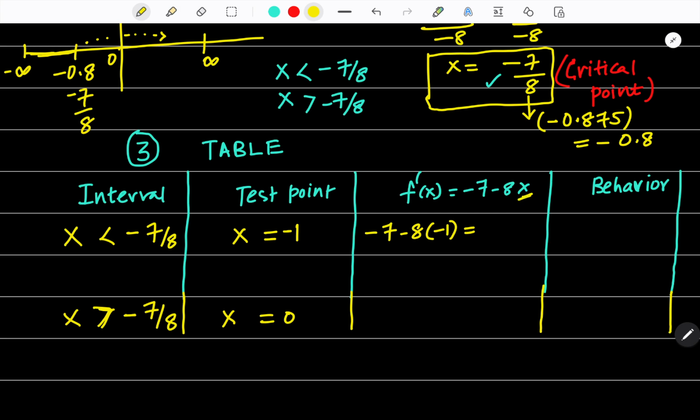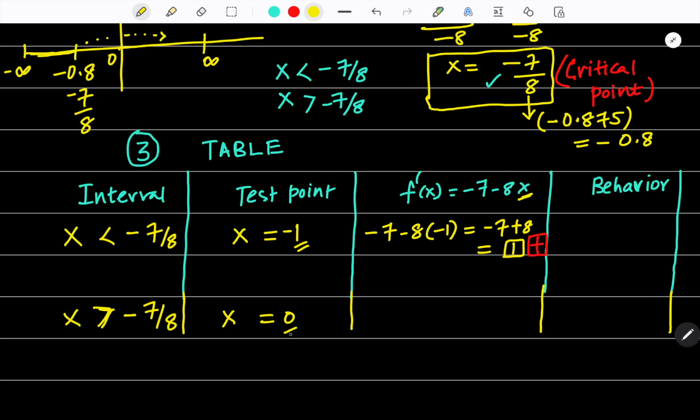When I put this value, minus 7 minus 8, minus of minus plus 8. So it goes as minus 7 plus 8, which is going to become plus 1. Plus 1 is nothing but what? Positive. Keep in your mind. It is positive.